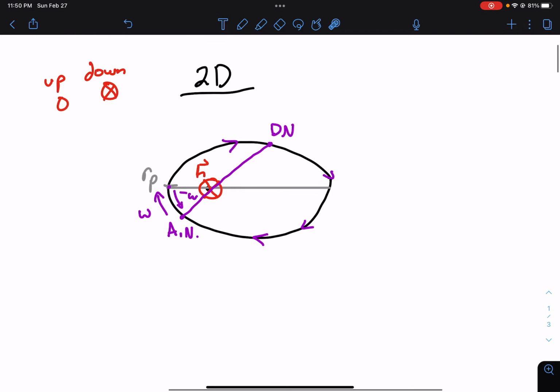So we have defined this trajectory as going clockwise. That means we take periapsis, we go 180 degrees around, and it just so happens to be an apoapsis, that this is our spacecraft.